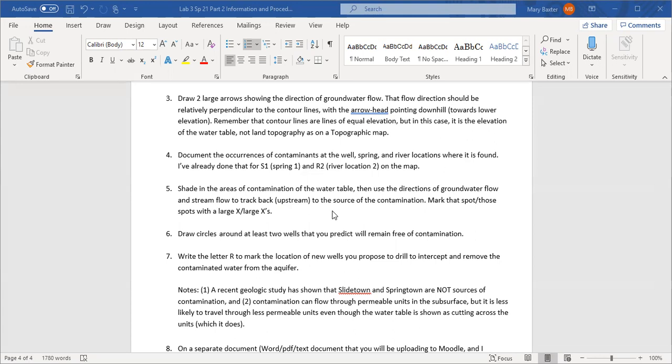Mark that spot with a large X, or large X's. Keep your mind open to the fact that there could be more than one source of contamination in this area under consideration, okay?